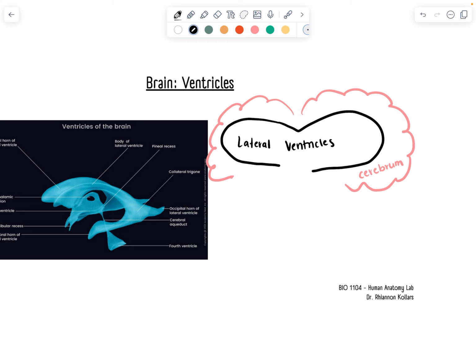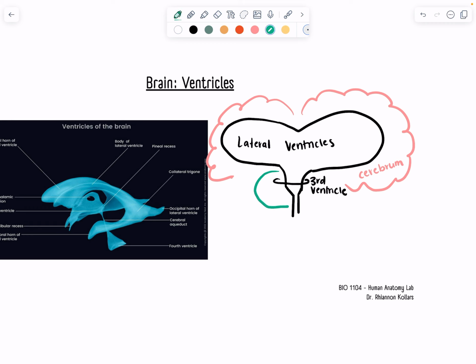From there, I go down like this into my third ventricle. So I like to make it like that. This is my third ventricle right here. My third ventricle is going to be surrounding my diencephalon region, which you guys are going to read about.